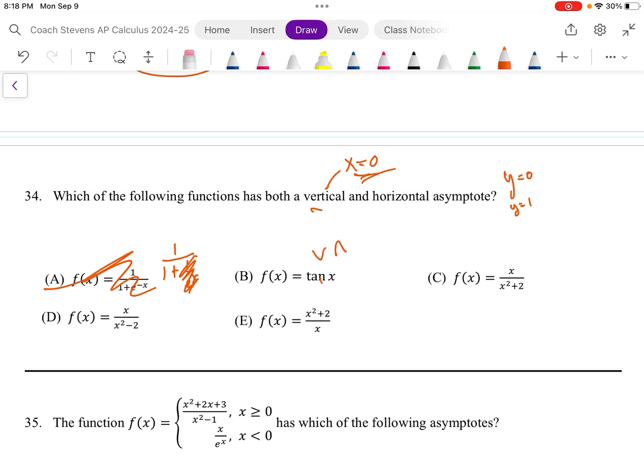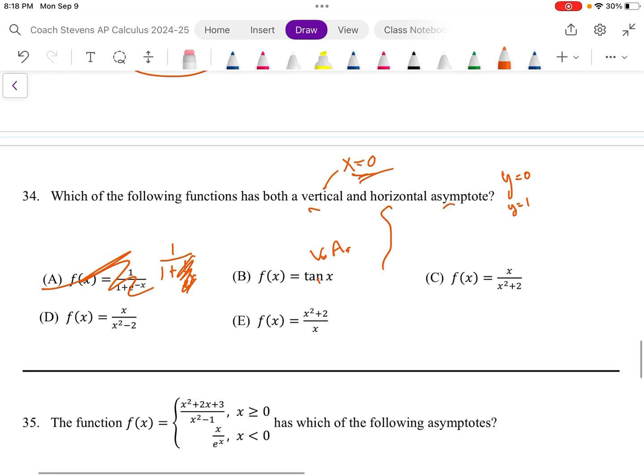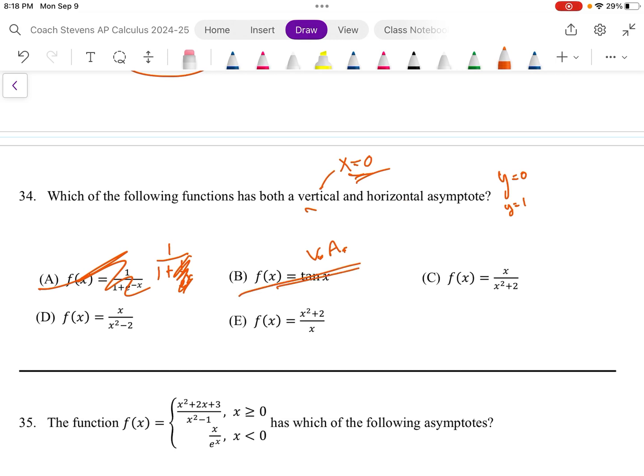However, it doesn't have any horizontal asymptotes, because the graph is a bunch of squiggly, cubic-like graphs, skipping over whenever it's undefined. So that's not going to be an option there. Let me erase that junk out of there. So it's not going to be that one, even though it had vertical asymptotes. There's no horizontals because it always crosses the x-axis.